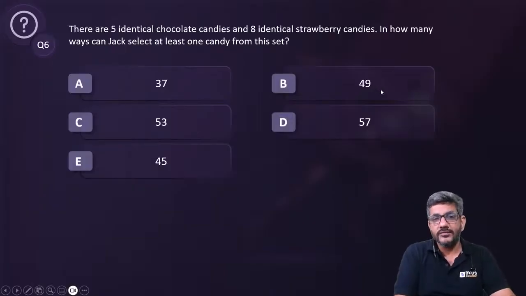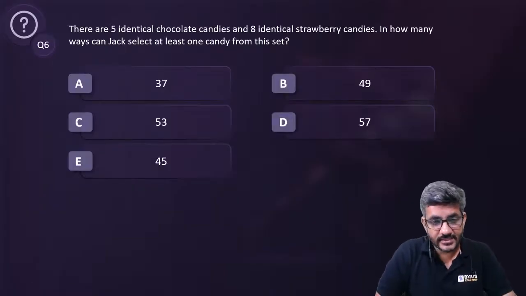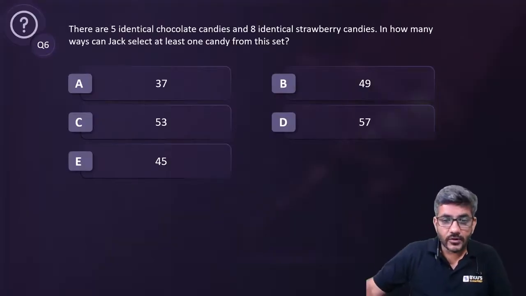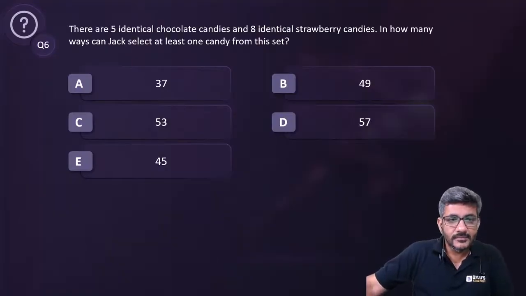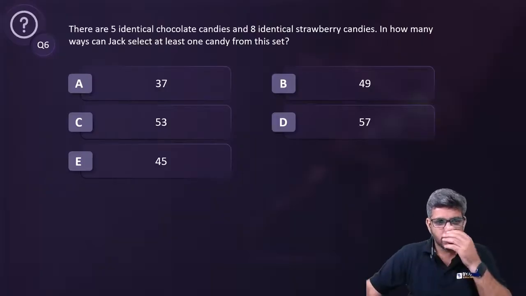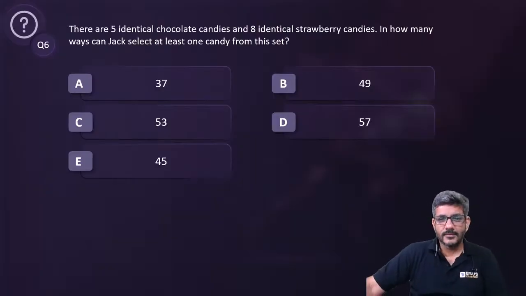Let's see how many of you give the right answer for question number 6 here. Please give the answer now. What is the answer according to you for question number 6? Why we took 9 as total?